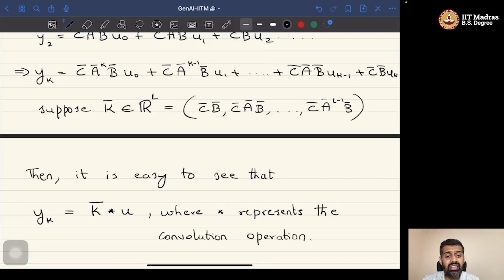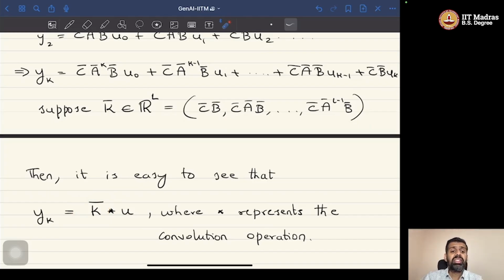This is a key result saying that the kth token in the output sequence is nothing but the convolution product between the input sequence u and a fixed kernel K bar, which is a function of the model parameters.